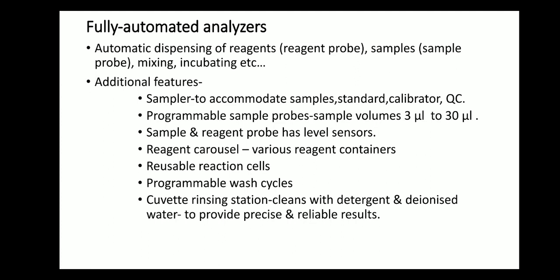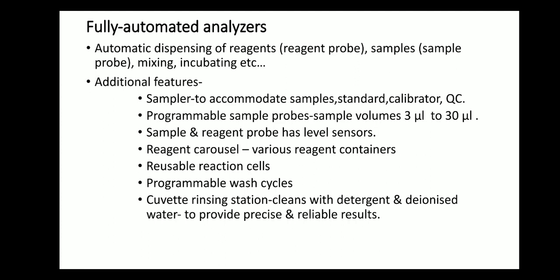Then quality control. See, we are keeping the sample, the instrument is doing everything and it displays some value. How do we know that the displayed result is accurate or true? That is done by quality control. Quality control is a known concentration of samples that we get from companies. We ourselves can also prepare it, but to be accurate and precise, we order it from companies.